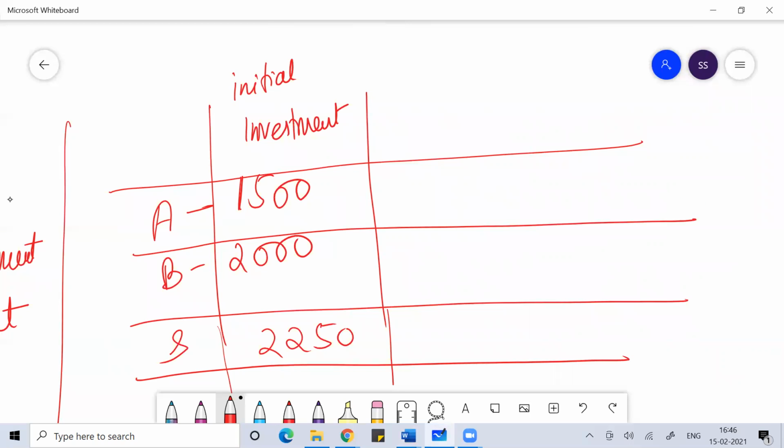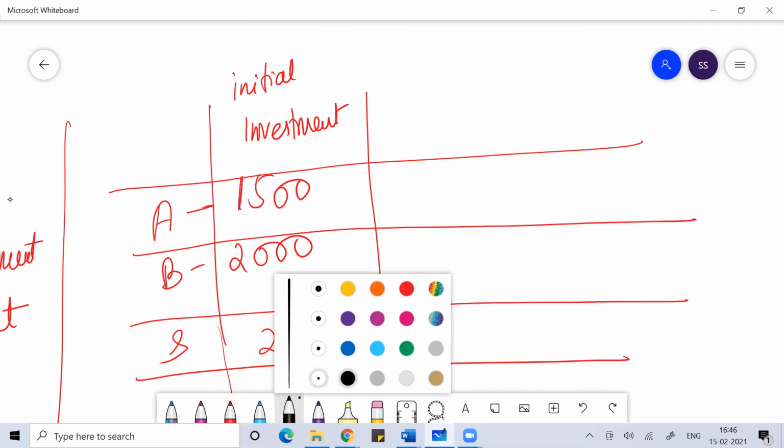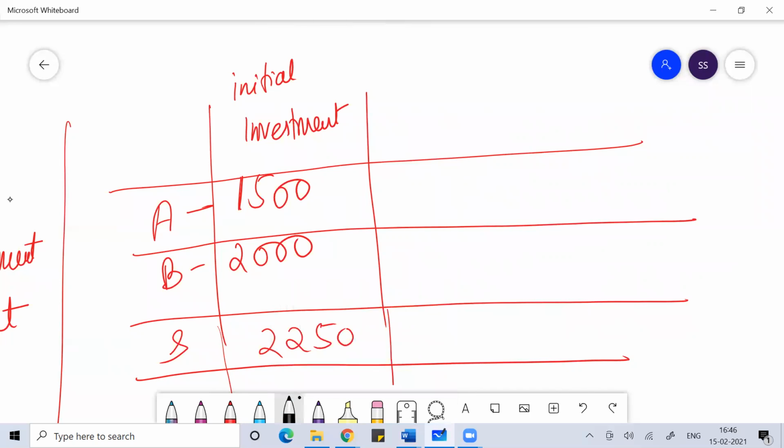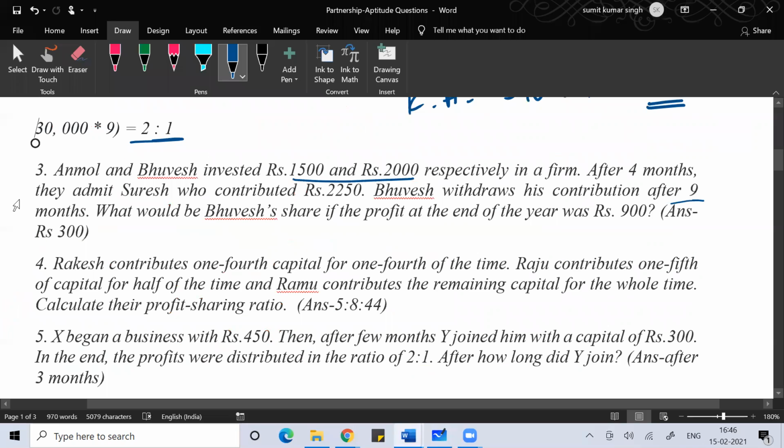So for how many months has Bhuvesh done investment? Bhuvesh has done investment for 9 months. Suresh has done investment for 8 months, and Anmol has done investment for 12 months, because Suresh had joined the business after 4 months.